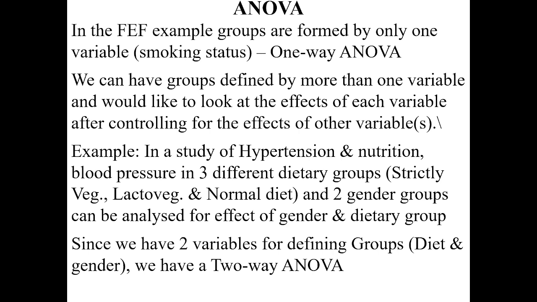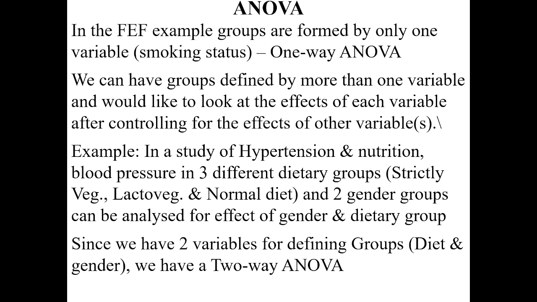For example, in a study of hypertension and nutrition, blood pressure in three different dietary groups, strictly vegetarian, lacto-vegetarian and normal diet, and 2 gender groups can be analyzed for the effect of gender and dietary group. Here we have 2 variables classifying the outcome.